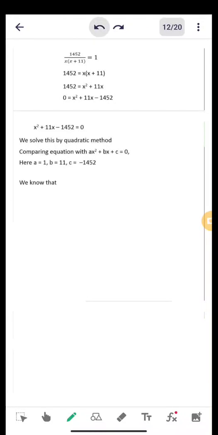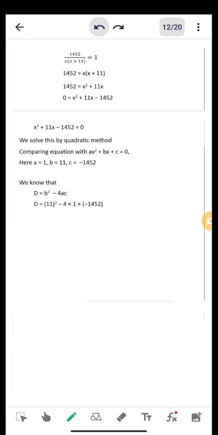We know the values of a, b, c here: a is 1, the coefficient of x square, b is 11, the coefficient of x, and c will be minus 1452. First we find the discriminant. We did this in the beginning of this exercise.